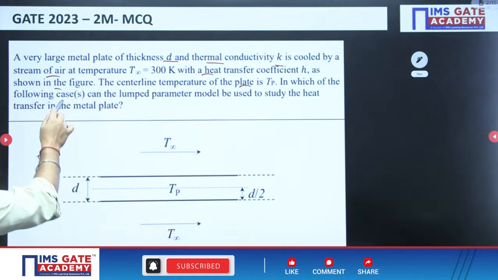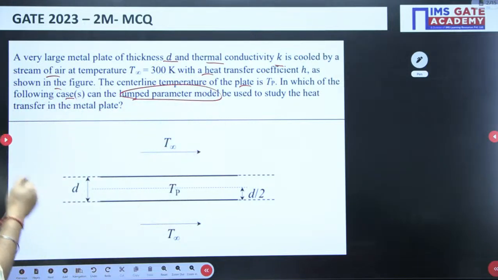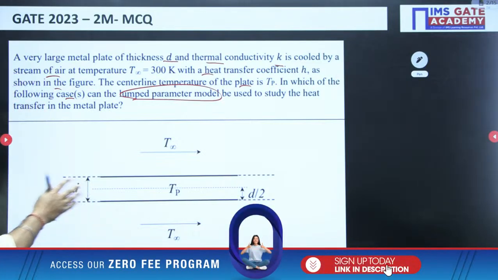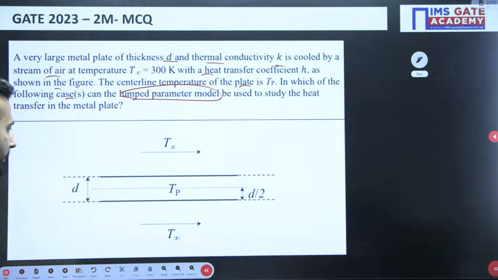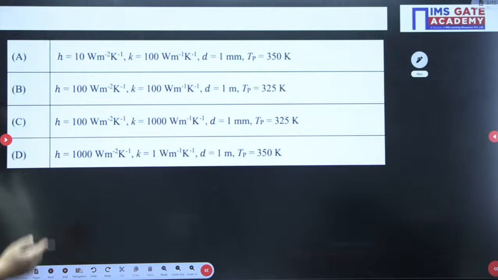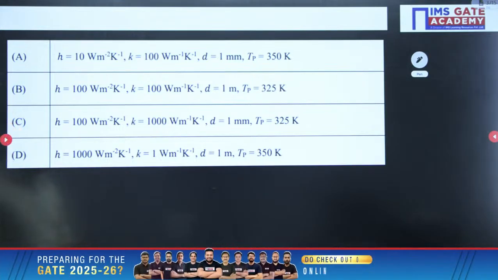In which of the following cases can the lumped parameter model be used to study the heat transfer in the metal plate, right? So clearly you can see this is the diagram. Thickness is D, and he is asking whether the lumped analysis can be used or not, and these are the options that he has given.